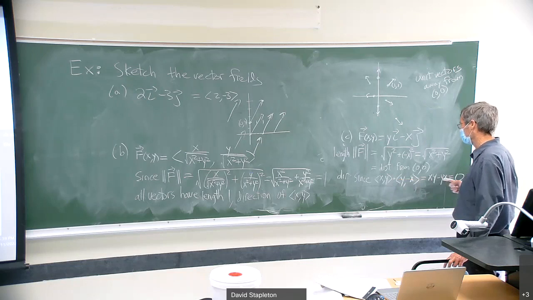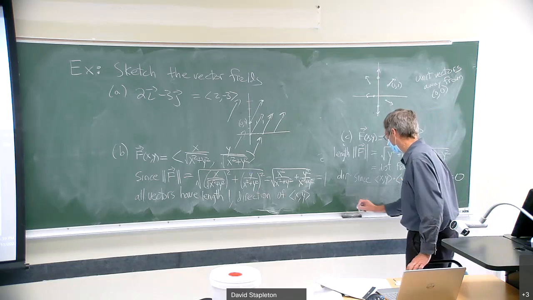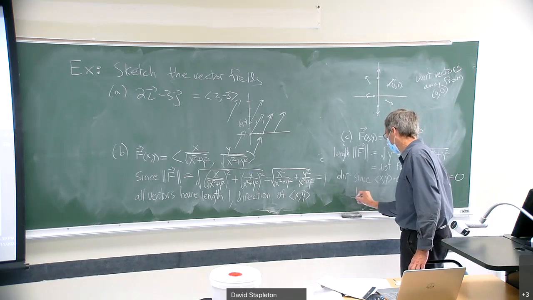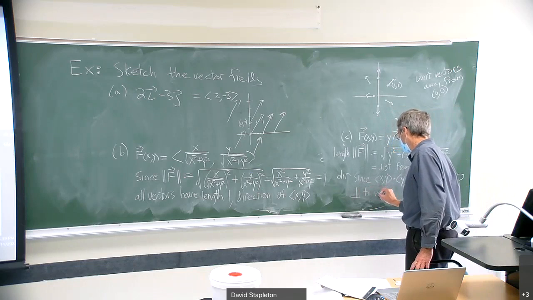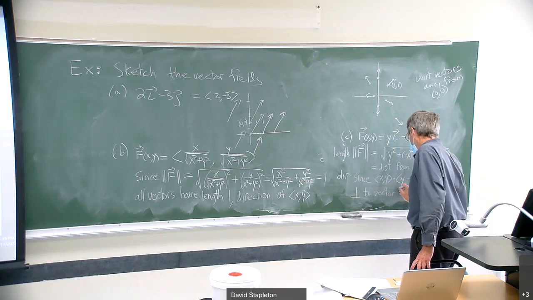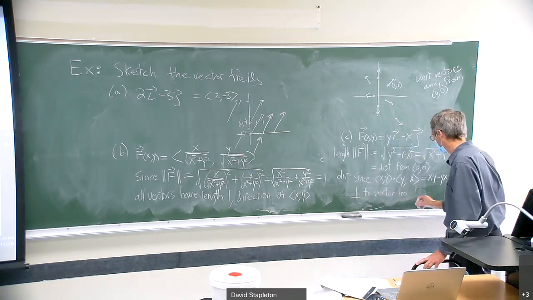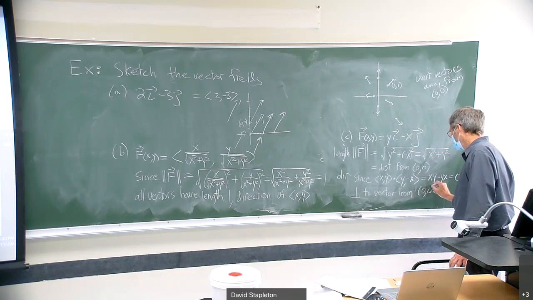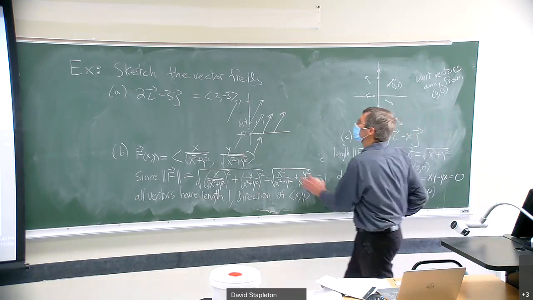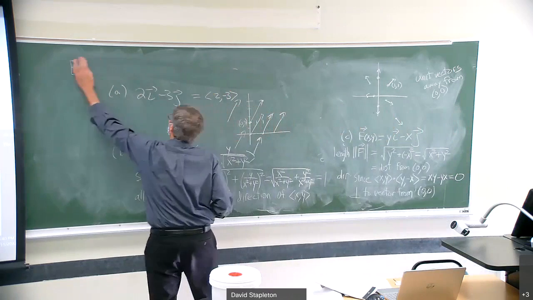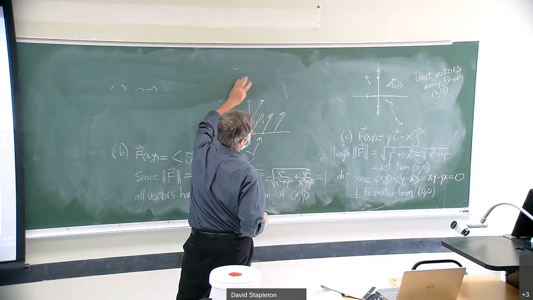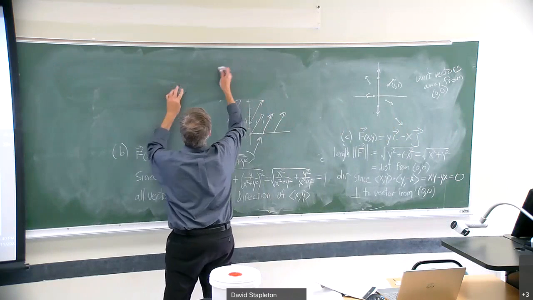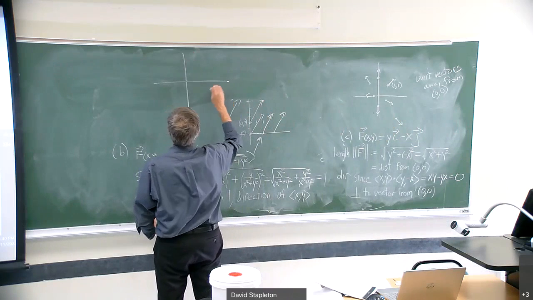If the dot product is 0, that means it's perpendicular to the vector from the origin. That tells you how to draw this one. Make its length the distance from the origin, make it perpendicular to the vector from the origin. And then you just have to figure out which way.